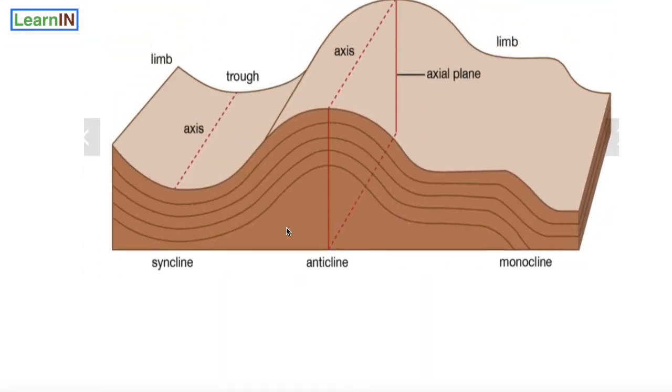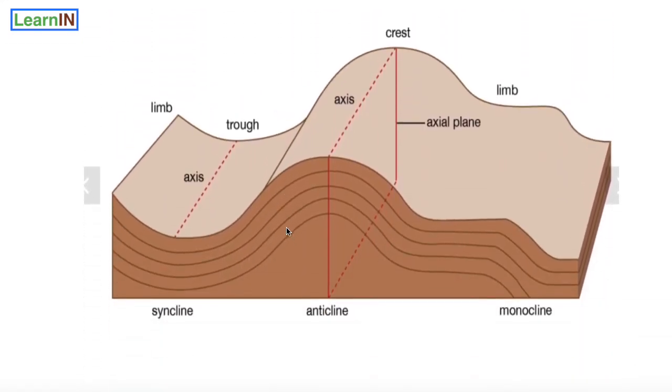Now see some basics in folds. See the middle portion, this dotted line is an imaginary line, and this red box shows the axial plane. From the axial plane, the left side shows the left limb, meaning left leg, and the right side the right limb. This is a crest, also called an anticline, and this is a trough, that is a syncline.